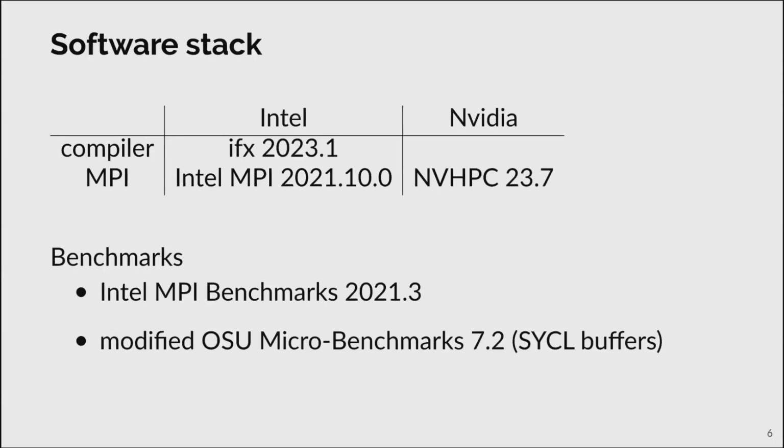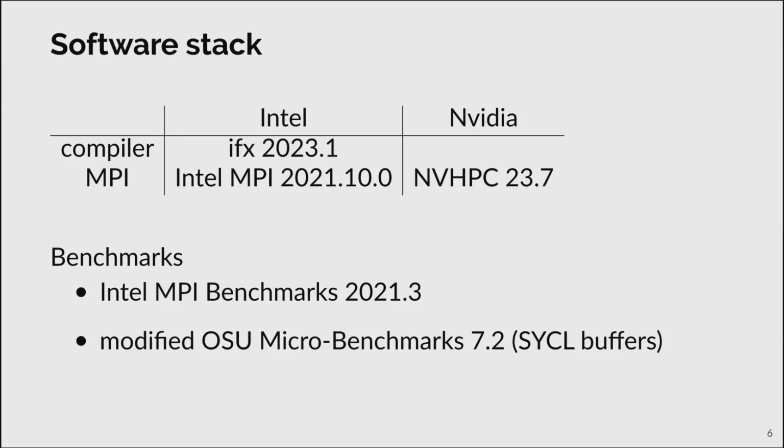So, for software stack, I'm a little embarrassed because I'm in a RAPIDS user group and we didn't use RAPIDS, but well, that's a plan for the future. For the compiler on Intel side, we used the latest LLVM-based compiler, 2023.1, and for the MPI, we used the latest release of the Intel MPI, which came out in June, if I remember, 2021.1.